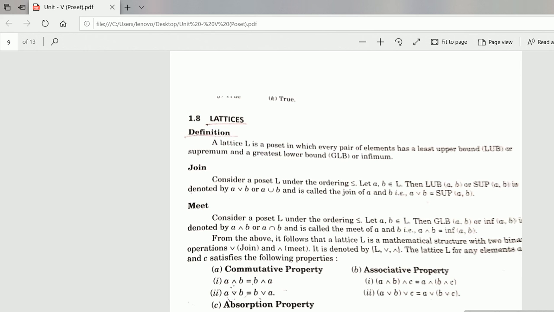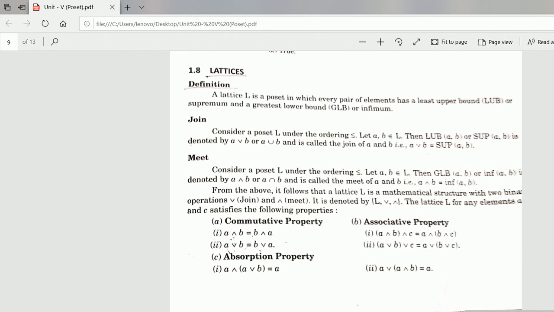Now meet. Consider a poset L under the ordering. Let A, B belong to L. Then the greatest lower bound of A and B, or infimum, is denoted by A meet B, and is called the meet of A and B. That is, A meet B is equal to inf(A, B).